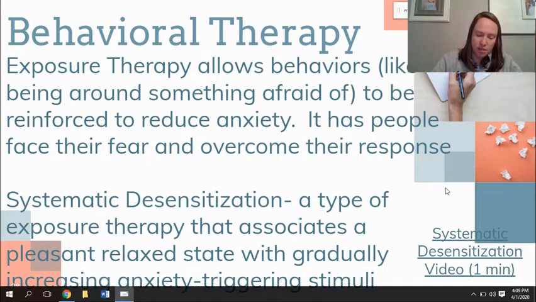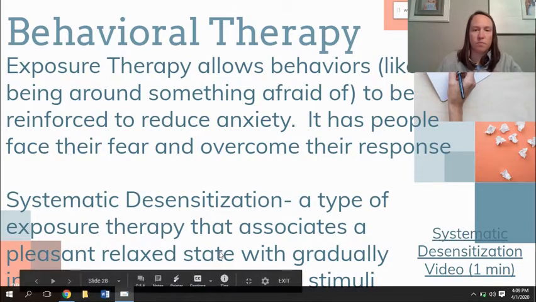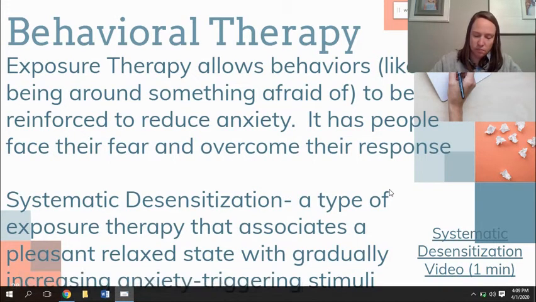Systematic desensitization, a type of exposure therapy that associates a pleasant, relaxed state with gradually increasing anxiety triggering stimuli.